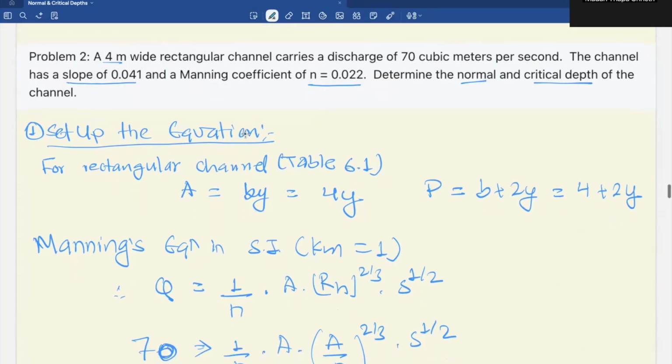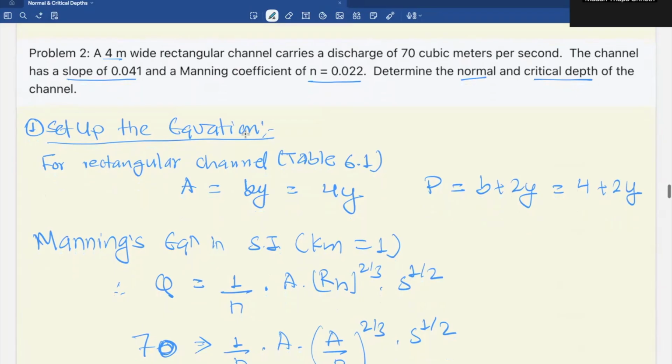So let us jump into finding the area and wetted perimeter. For rectangular channel, area is equal to b times y, which will be equal to 4 times y, and for wetted perimeter it will be equal to b plus 2y, which will be equal to 4 plus 2y.